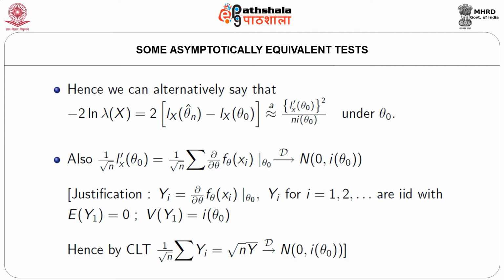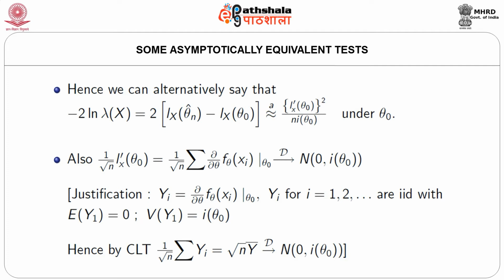Let us define yi equal to del theta of f theta at xi given theta equal to theta naught. Obviously, these yi's for all i from 1 to n are IID because xi's are IID, and in these IID yi variables, expectation of y1 equals 0 and variance of y1 is equal to I theta naught.